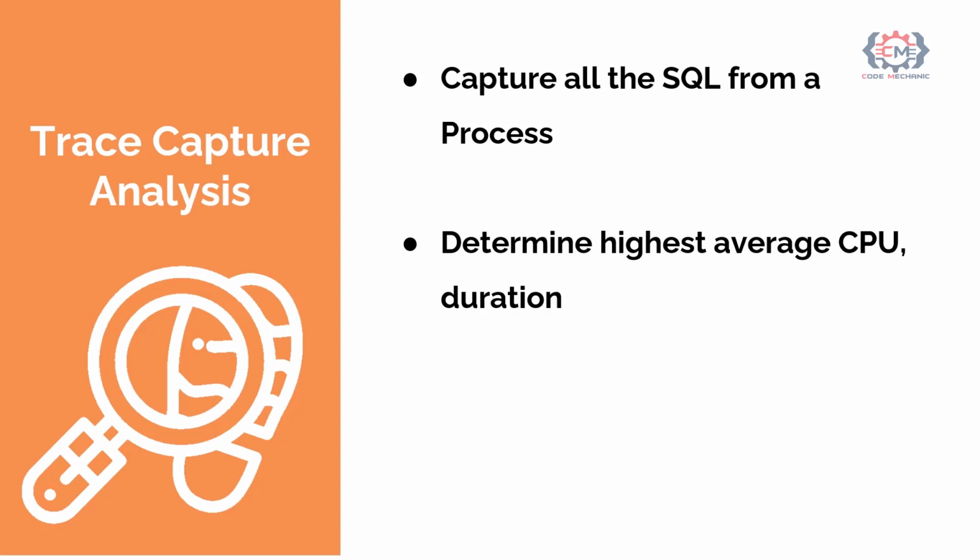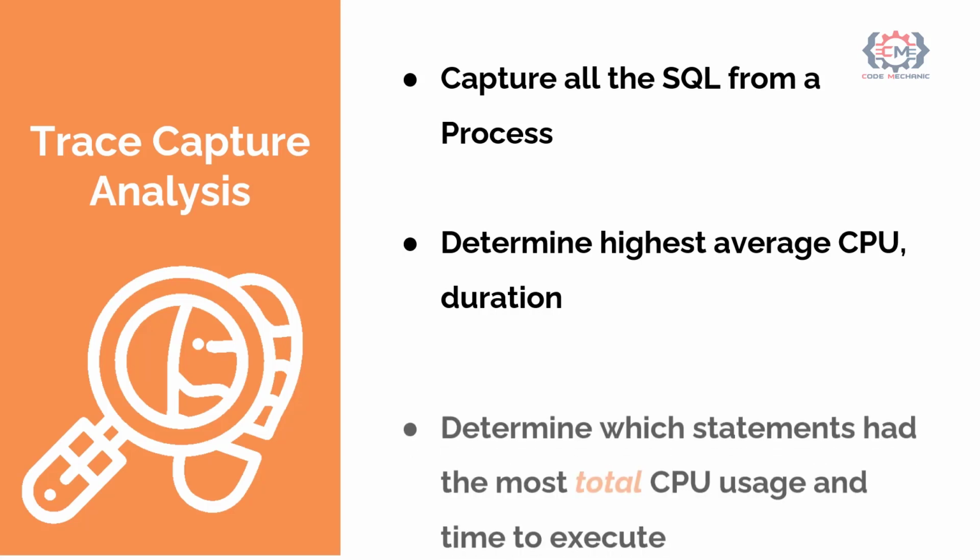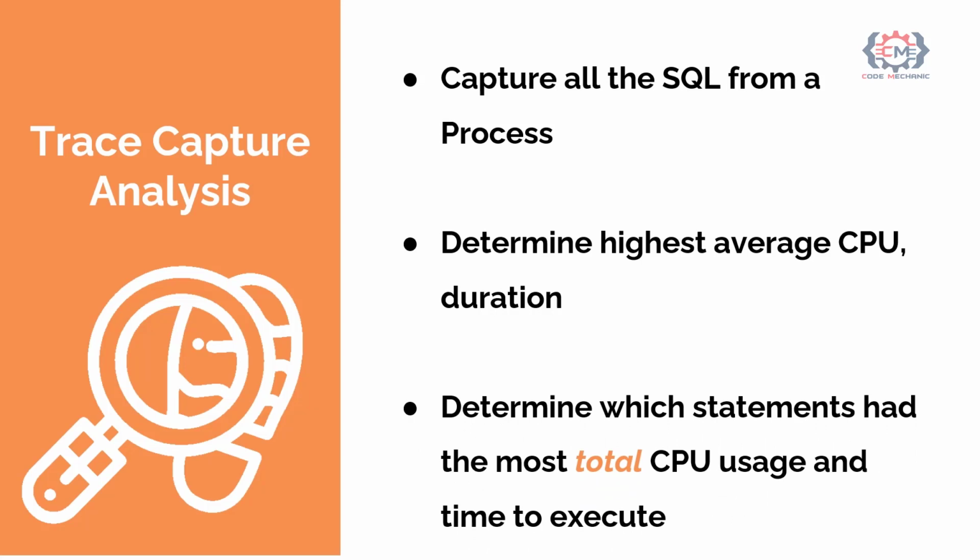And then for that process that you have the data for, you could figure out not only which statements had the highest average CPU usage or the highest duration, which would indicate the longest average wait, but you can also see, for all the statements that were running by this process or in this window of time that you have captured, which statement has the most total CPU or resulted in the most total duration that the application was waiting. So you can really zero in on what a process is doing and where the performance bottlenecks are in that process in terms of data access.